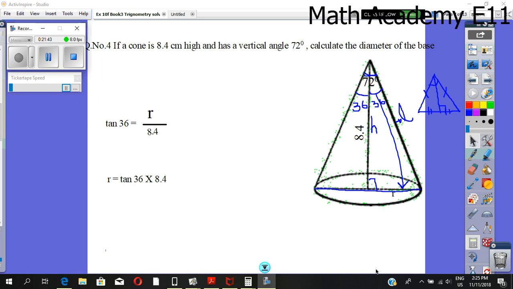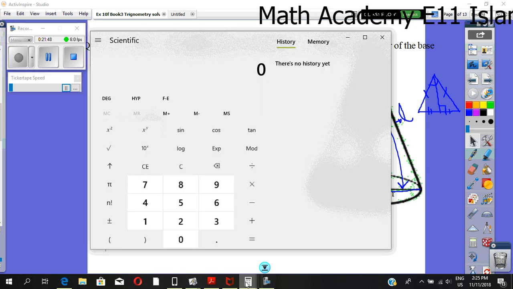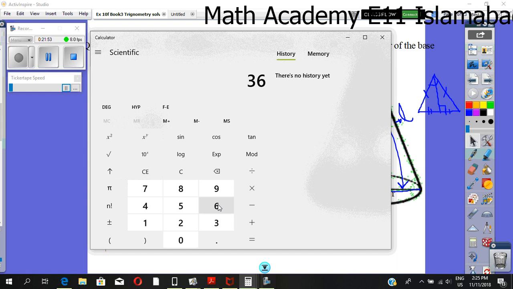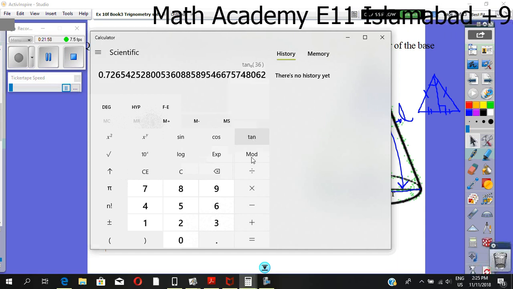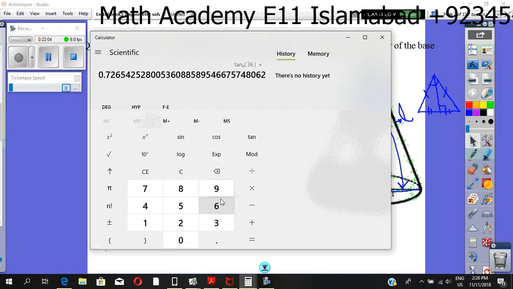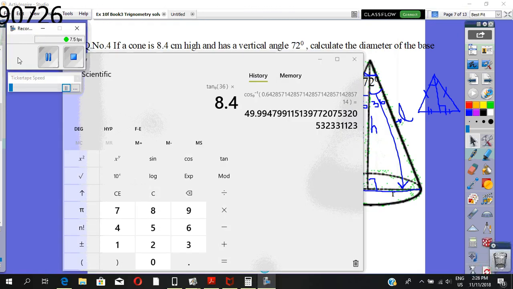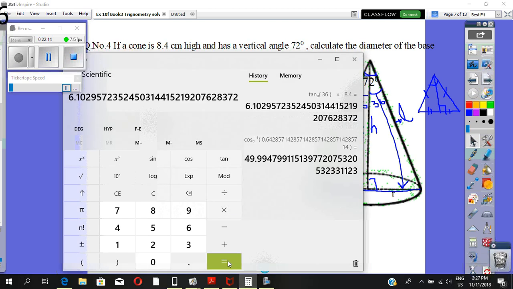Tan 36 is 0.7265, and when we multiply tan 36 by 8.4, it gives us 6.1029.